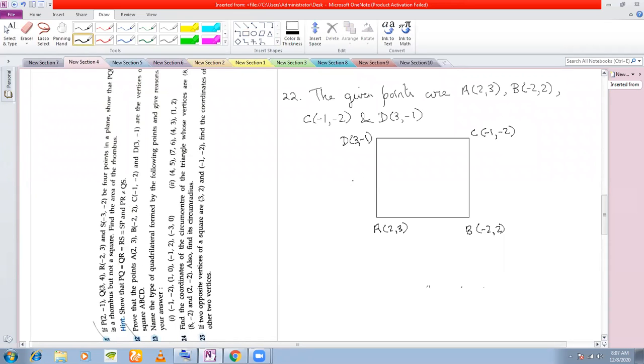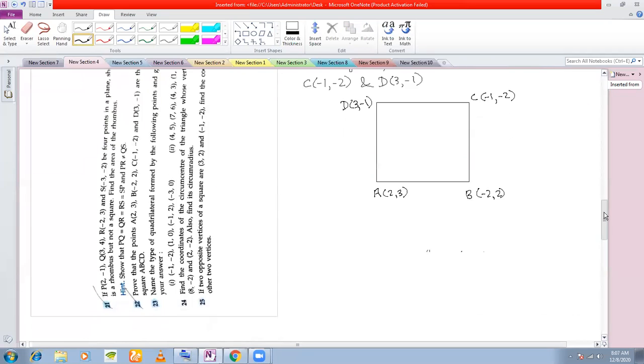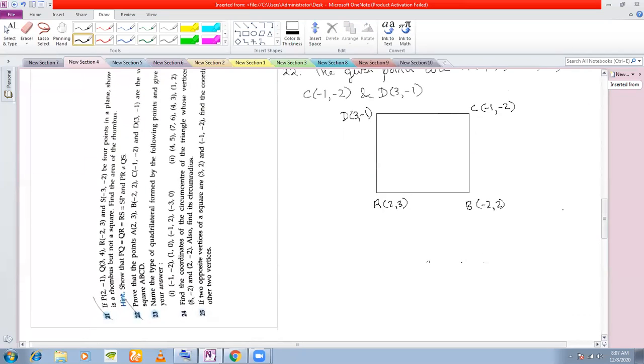First of all, you need to calculate all the distances AB, BC, CD, and AD. Once you calculate the distances, you show them to be equal. Once you show them to be equal, this is a quadrilateral where it may be a rhombus also, right?